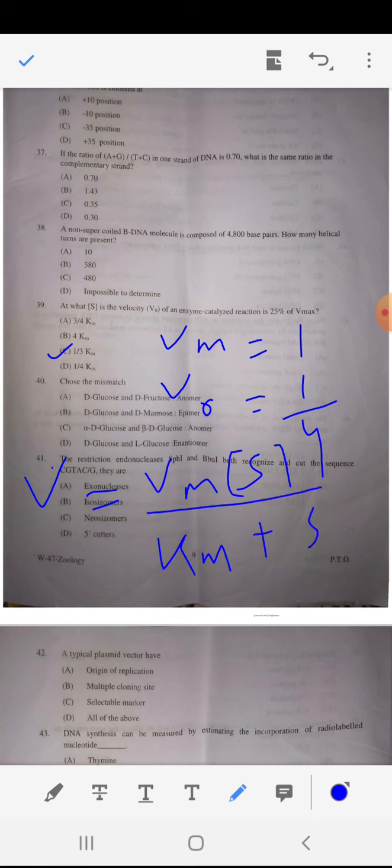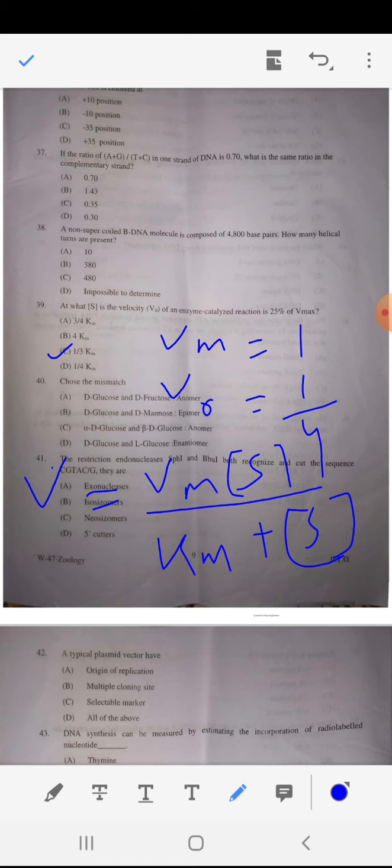And we know the Michaelis-Menten equation: V naught equals Vmax into substrate concentration upon Km plus substrate concentration. If we put the value of Vmax, that is 1, and V naught, that is 1 by 4, then we can solve this question.